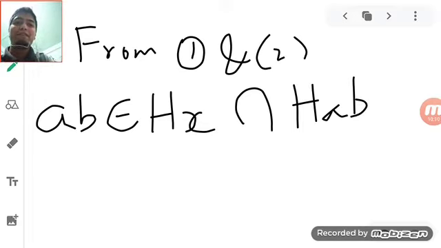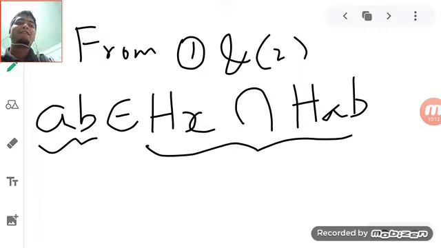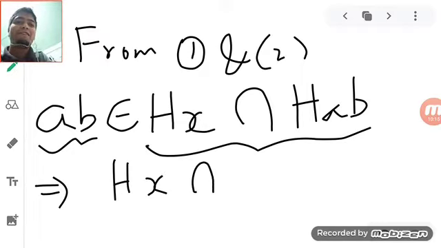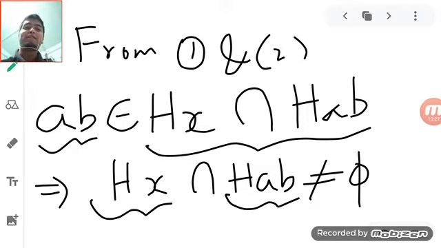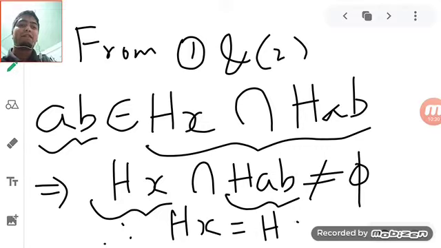So there is an element that is contained in the intersection. We can immediately write down that HX intersection HAB is non-empty. And because they are cosets, this one is a coset and this one is again a coset, so HX will be equal to HAB.